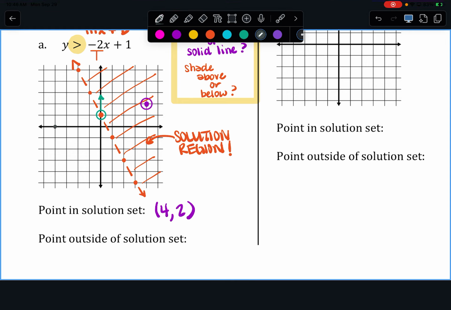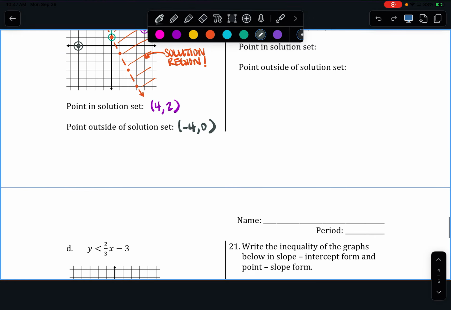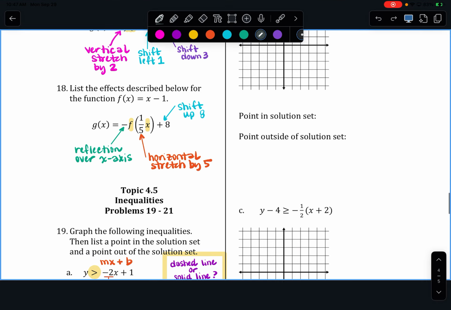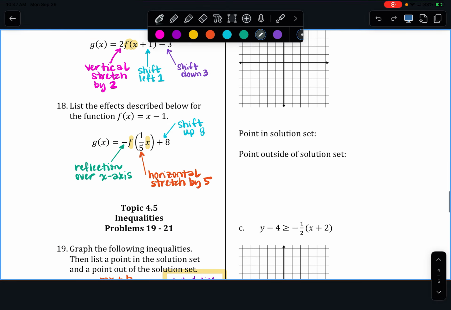I'm just going to pick this point. Why not? He's definitely not in my solution region. What is that, -4, 0? Again, you can pick any point as long as it's over here somewhere and not in the shaded region. All right, let's see, I'm hopping up here to 20, or part B, I guess. That was part A.